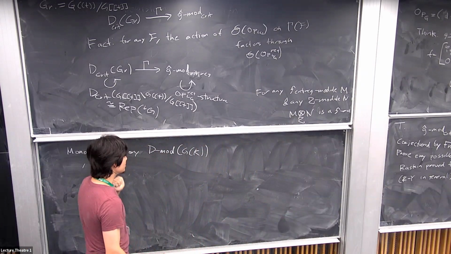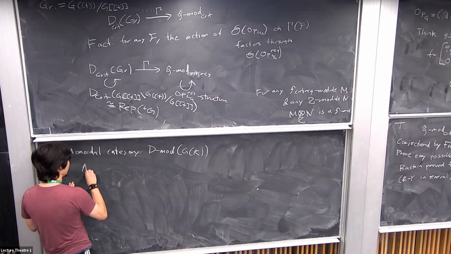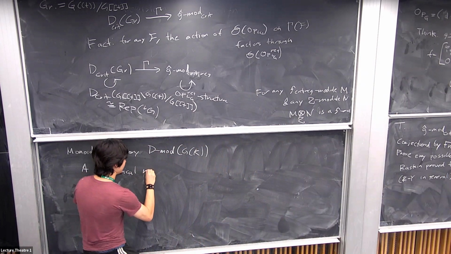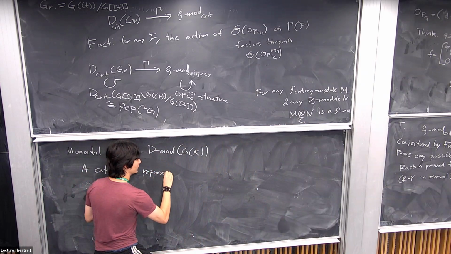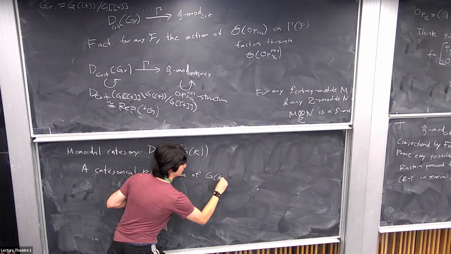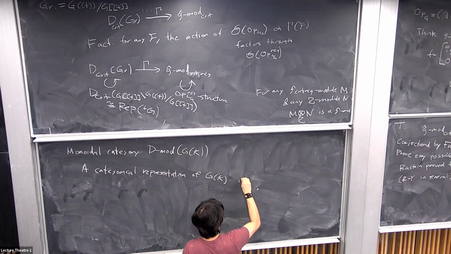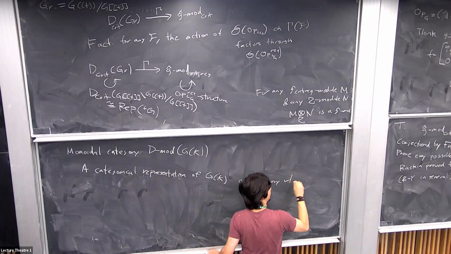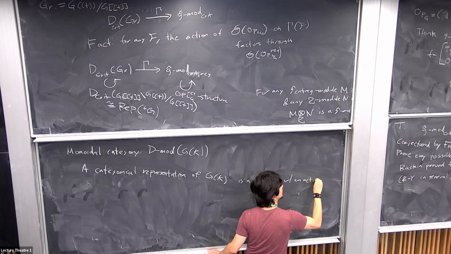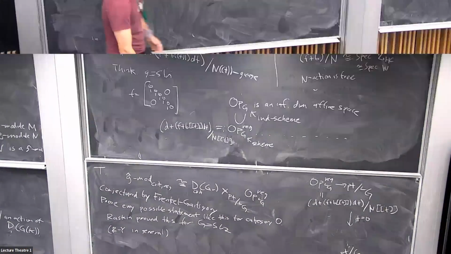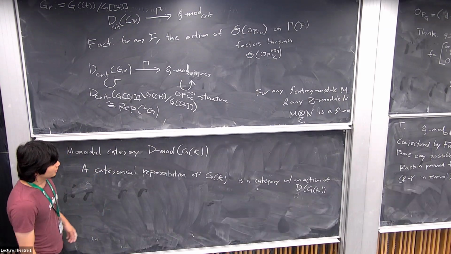So you have this monoidal category D-mod of G(K), and a categorical representation of G(K) is a category with an action of D of G(K).